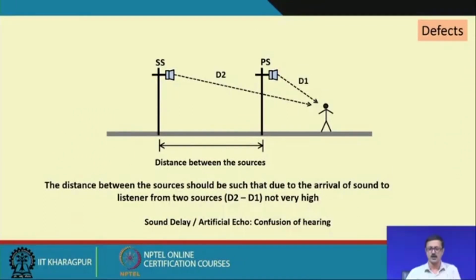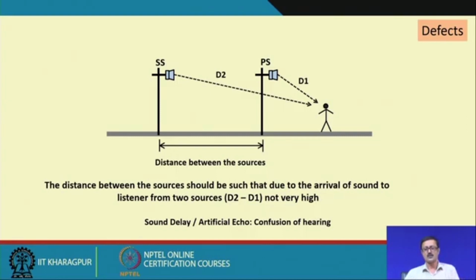So, sometimes in the railway stations we are eagerly waiting for some announcement to be made for some train, and there is some confusion because of this particular fundamental problem, where D2 is quite high compared to D1 and you are receiving sound from both.